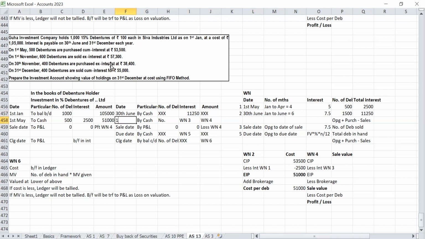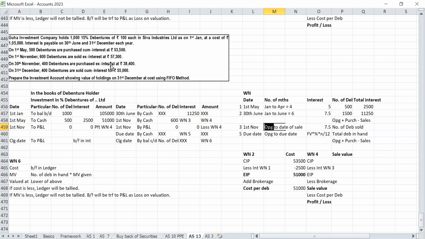Next, 1st of November, 600 debentures are sold ex interest. So 1st of November, by cash, number of debentures 600. Working note number 3: sale date is 1st November. Last payment date is 30th of June.